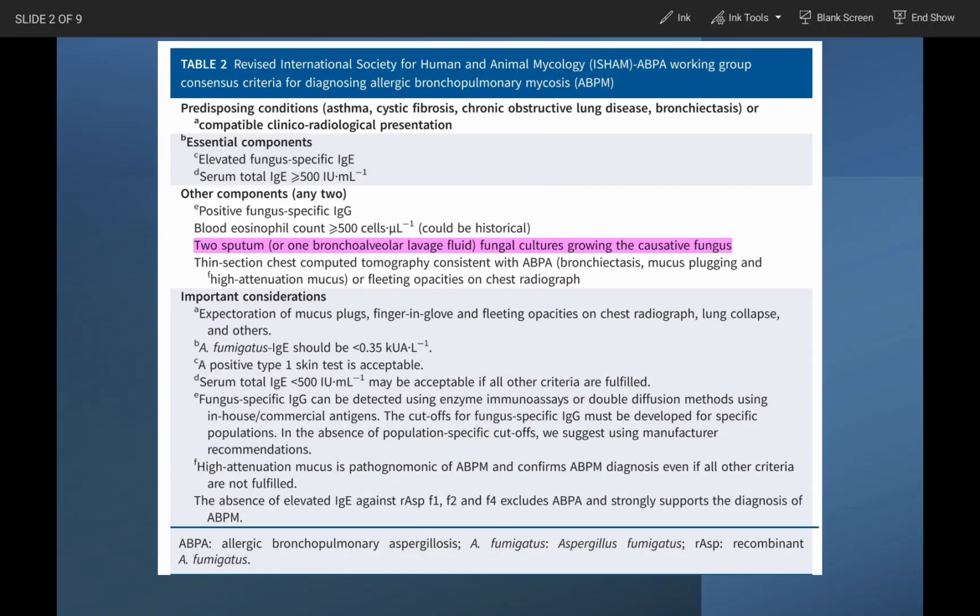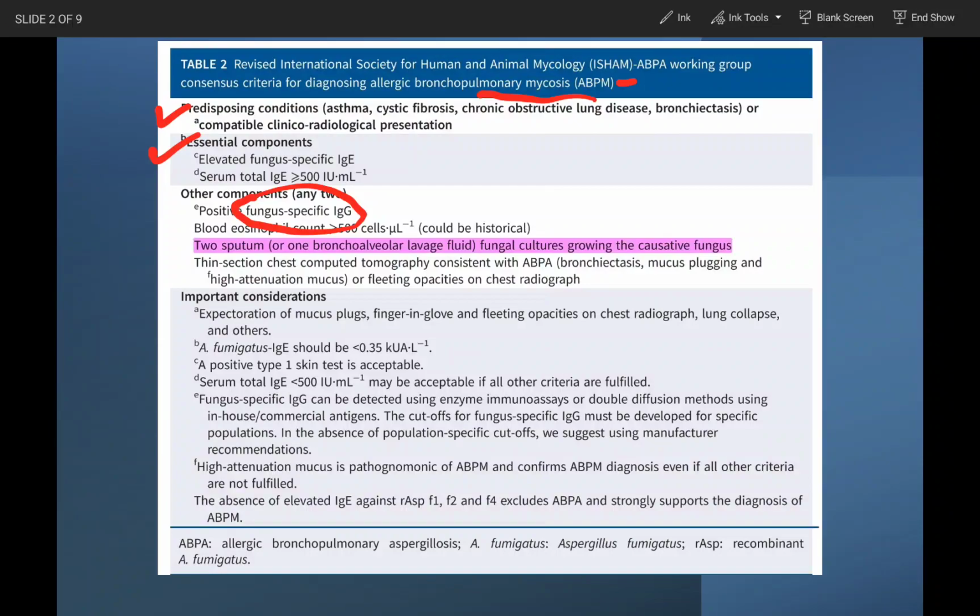Now they have the recommendation for ABPM, that is allergic bronchopulmonary mycosis. This is almost the same as the ABPA diagnosis. Predisposing factor should be there, essential components are there, and the fungus-specific IgG should be there. That is, if it is any other Aspergillus species or mucor, we should have that specific IgG.